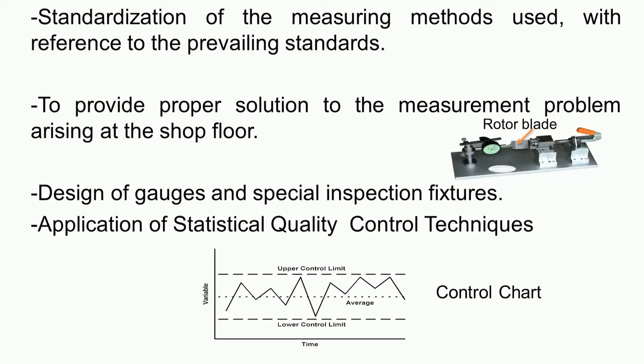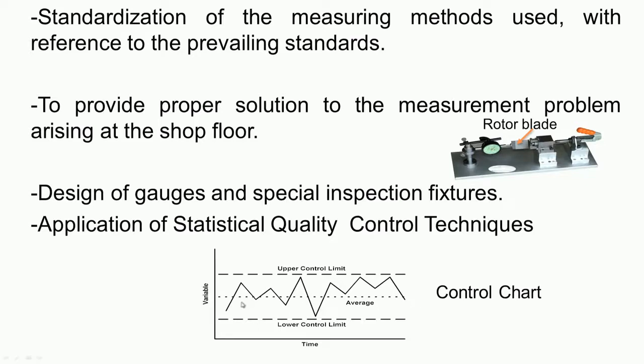parameters of the rotor blade, and then application of statistical quality control techniques to the various processes to study whether the processes are under control or not. We can see this diagram wherein we have upper control limit, lower control limit, x axis time and y axis is the variable, and we have various measuring points, and the center line indicates the average of the variable size.